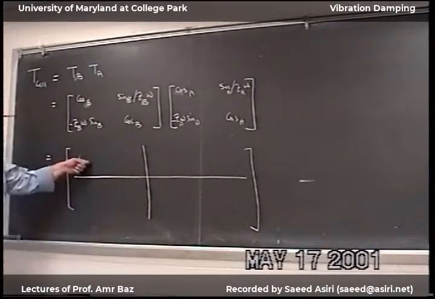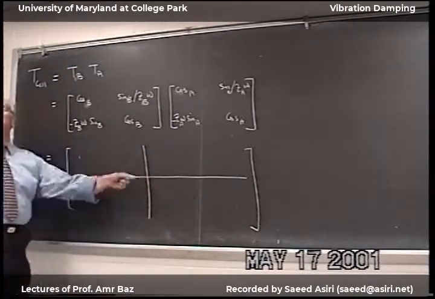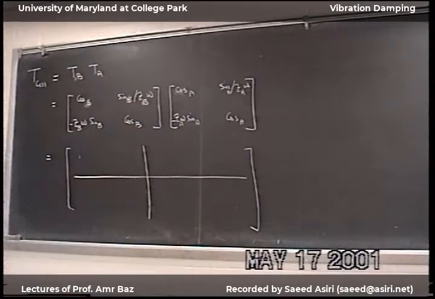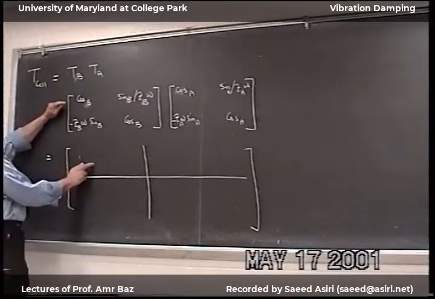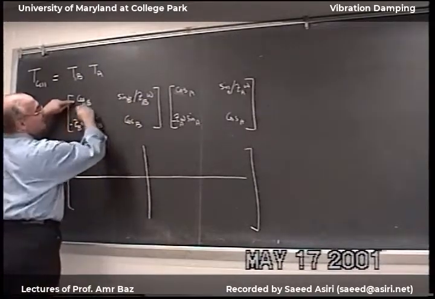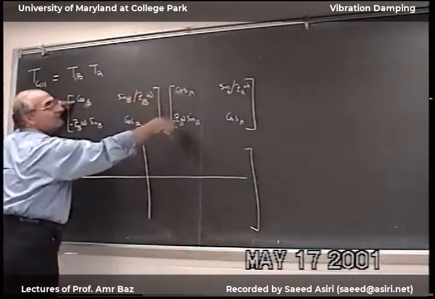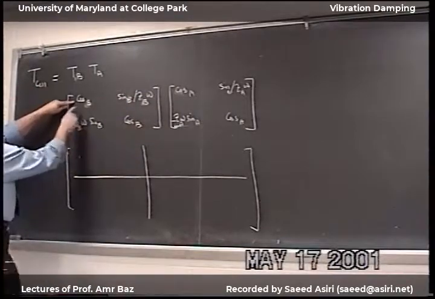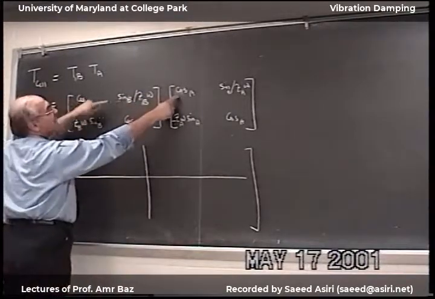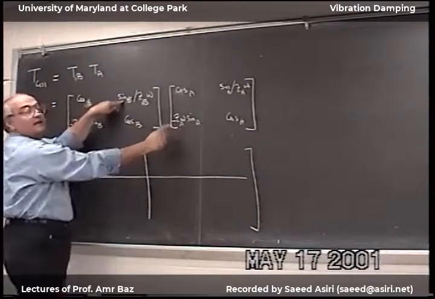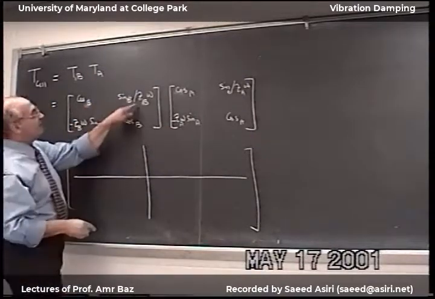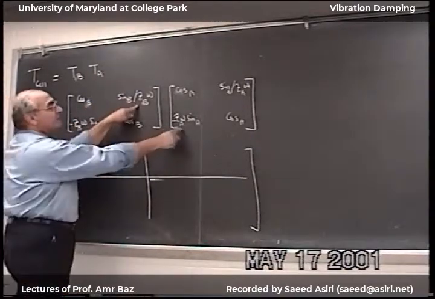I'm going to get this term and this term because that's what we need to calculate the pass and stop bands characteristic of the system. So this element is 1,1. So it is the first row times the first column. So this will be cosine, cosine, sine, sine. And then this is in the denominator, this is in the numerator.